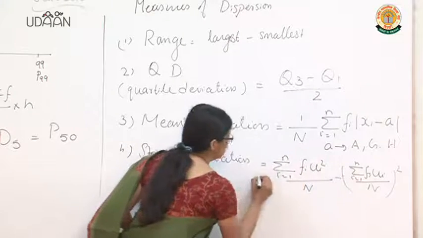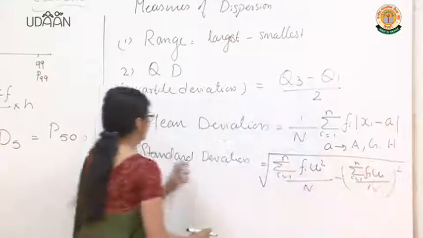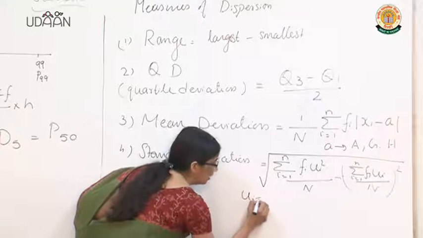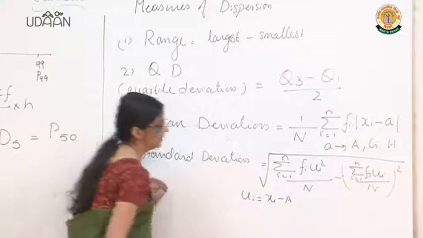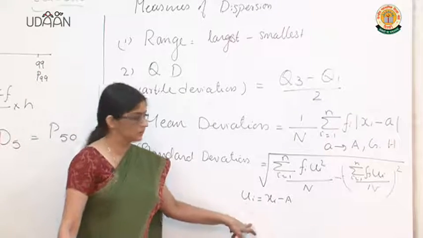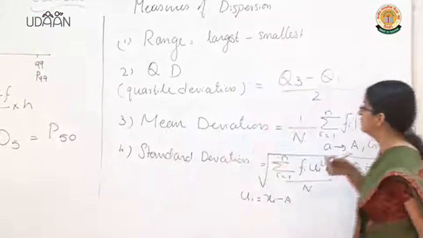This is variance. When you take the square root of this, you will get standard deviation, where ui's are the deviations xi minus a. Ui's are the deviations from the assumed mean. Clear? Let us discuss some of the properties.